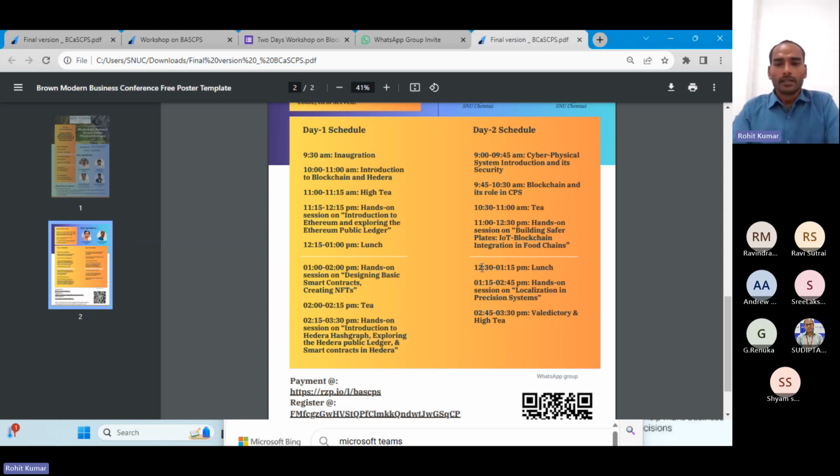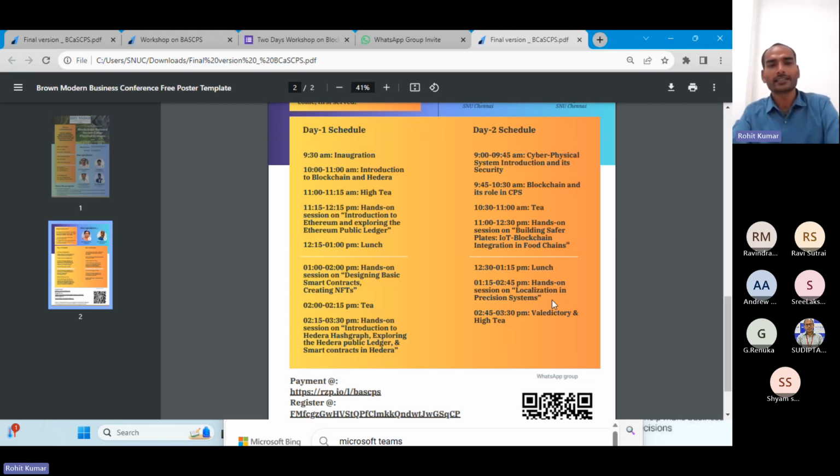Another important topic is localization in the precision system. It is going to talk about how to do localization in some real system or precision system. Localization, if you know about robotics, is a very important thing. There is a term SLAM, simultaneous localization and mapping. For example, how does a robot move? A robot doesn't have real vision, but based on the camera and all, it tries to localize the environment.